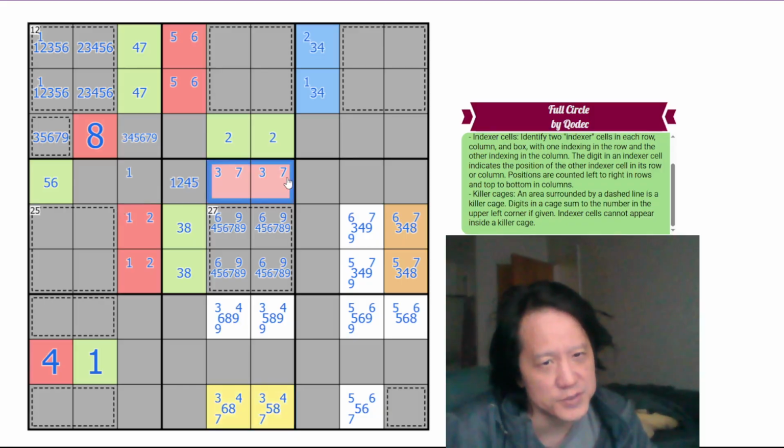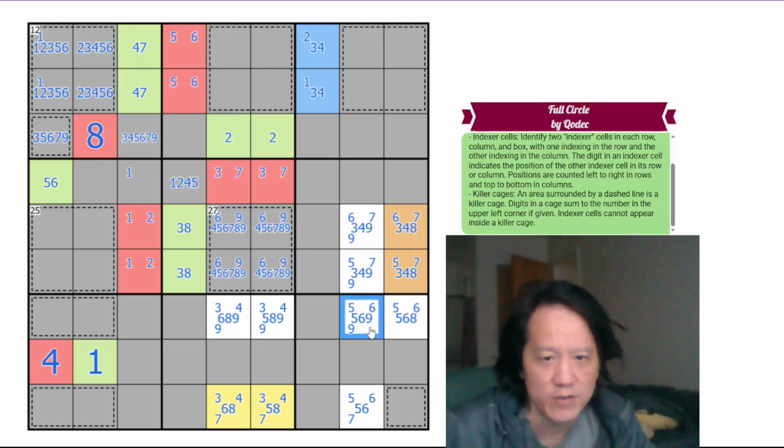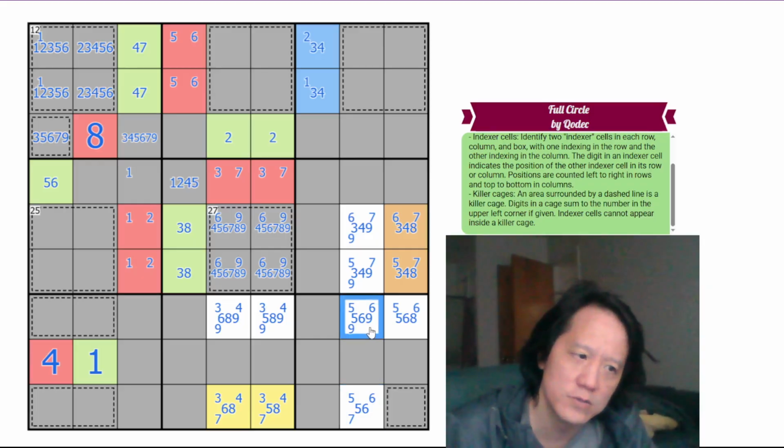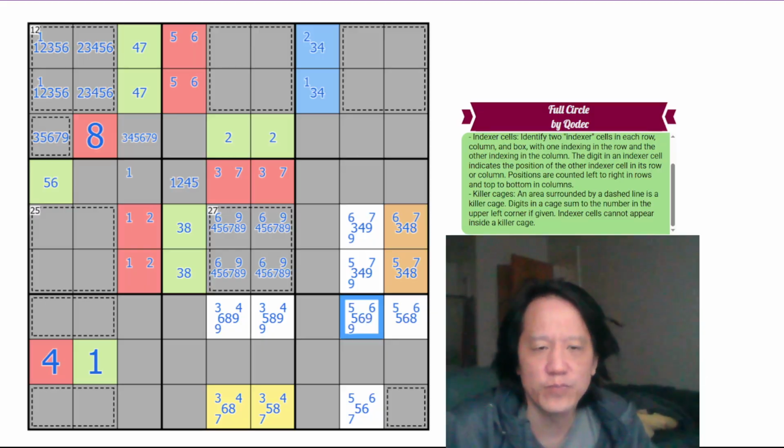Or this is 3, which references this, so then one of these two is indexer. So this must be 8, which means one of these is indexer. So we have 2 indexers here, this is indexer. So I don't think this is ever indexer. Hold up, okay. Let's go through the scenarios.